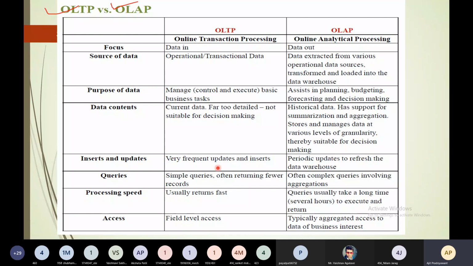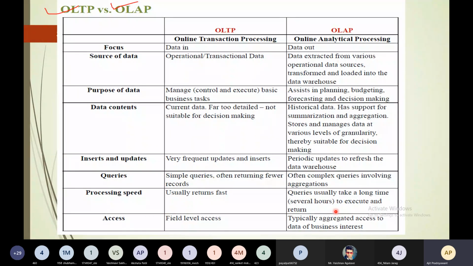Insert and updates. Very frequent updates and inserts happen in OLTP, whereas periodic updates to refresh the data warehouse are done in OLAP. Next is queries. Simple queries, often returning fewer records, in OLTP, whereas in OLAP, often complex queries involving aggregations. Processing speed: OLTP usually returns fast, whereas in OLAP, queries usually take a long time to execute and return.